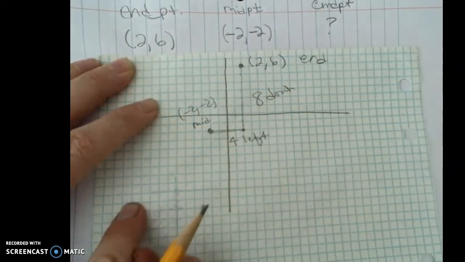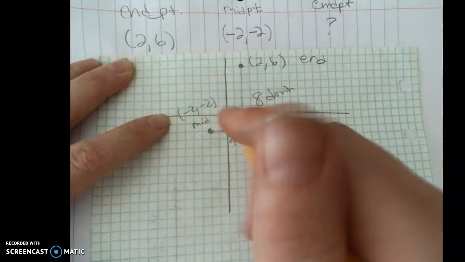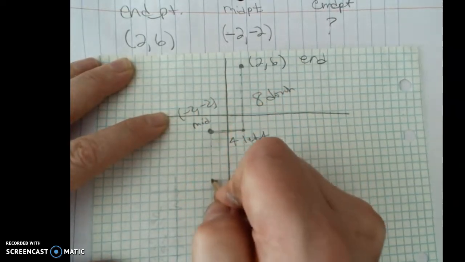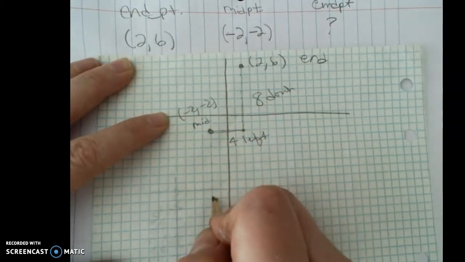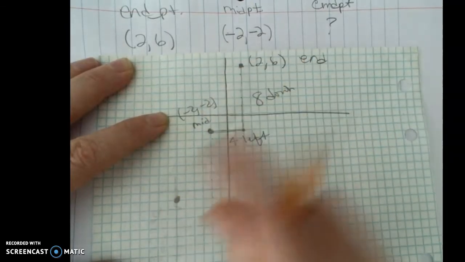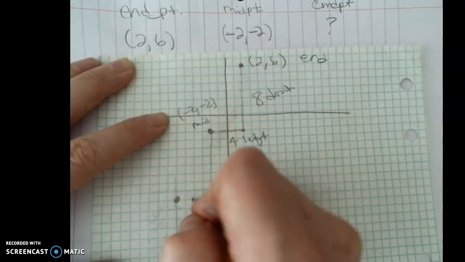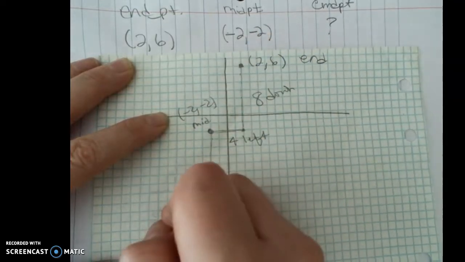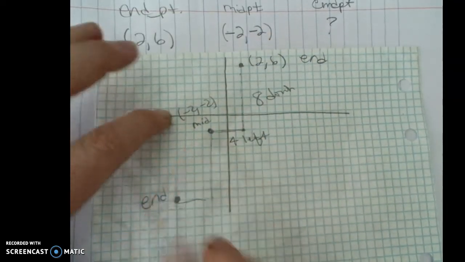The other one is going to have that same angle, so I go down 8, 1, 2, 3, 4, 5, 6, 7, 8, and over 4, 1, 2, 3, 4. That should be my other endpoint, because if I keep that same momentum, down 8, over 4, that should be the one I'm looking for.